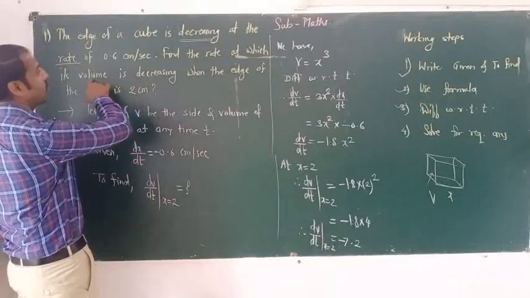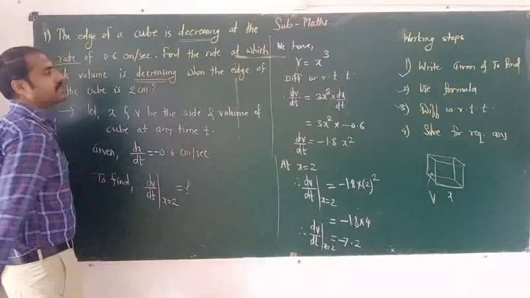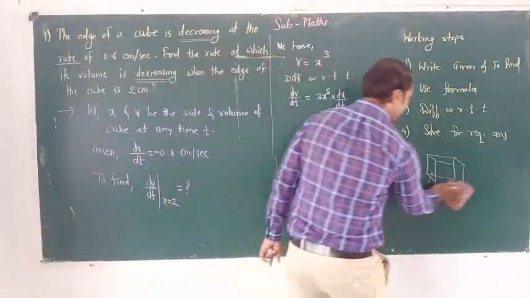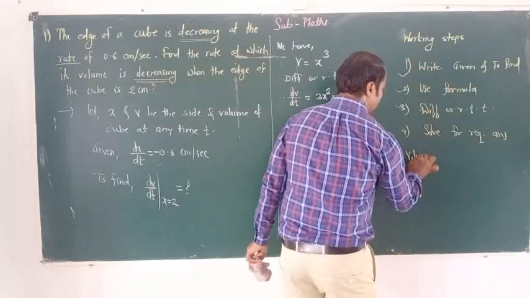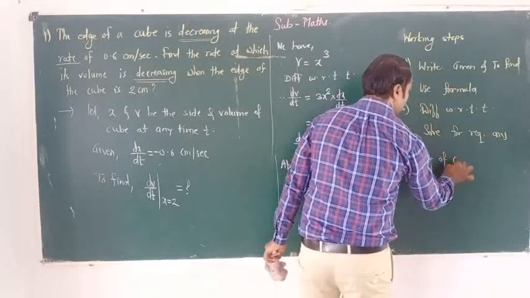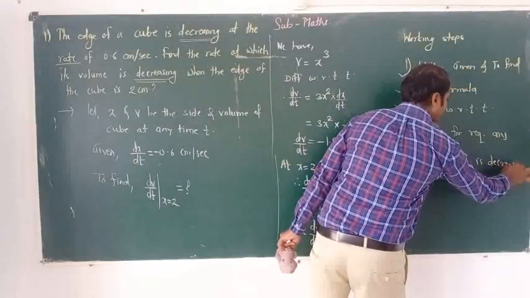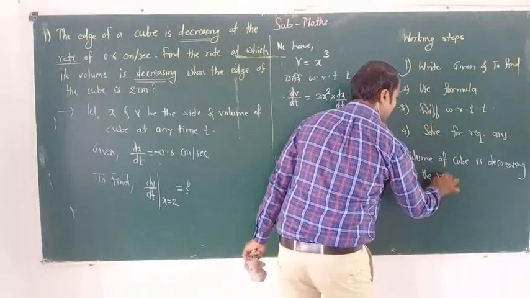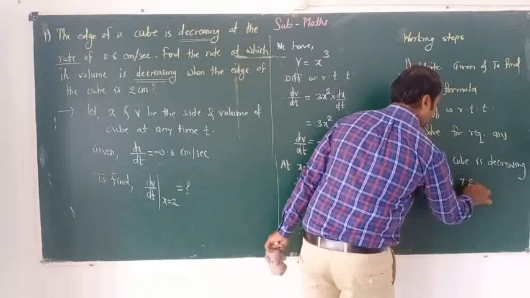Look at here. Find the rate at which the volume is decreasing when the edge of the cube is 2 cm. So I can write here, therefore volume of cube is decreasing at the rate, minus 7.2.